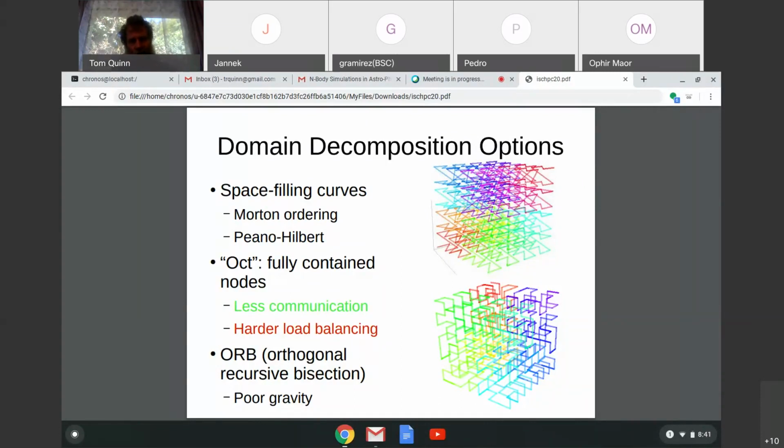The issue there is, particularly with clustered particle distributions, the shape of those volumes is very non-cubical, to put it mildly. And for gravity, particularly for those multipole expansions to work well, you want approximately cubical domains. And so although that's an option in ChaNGa, it's not a desired option.